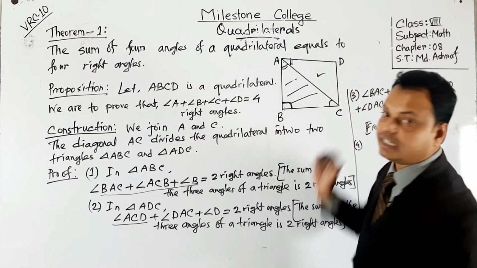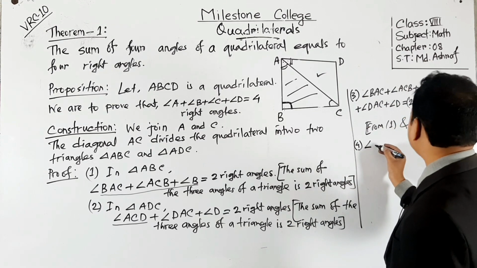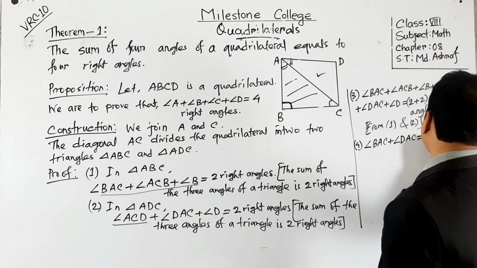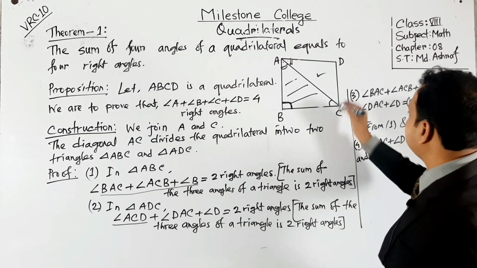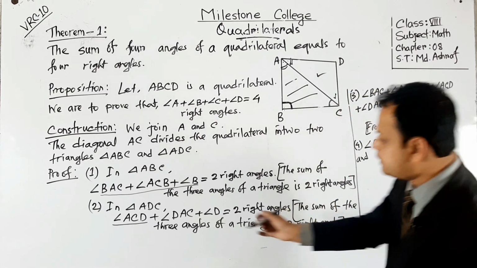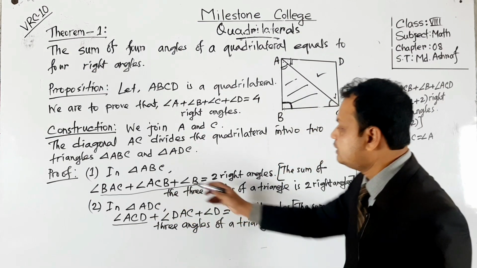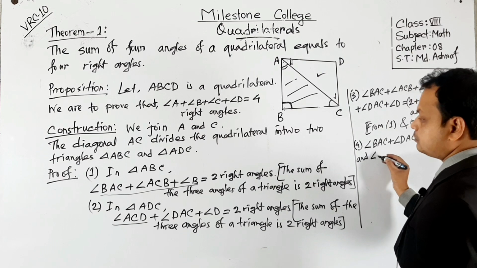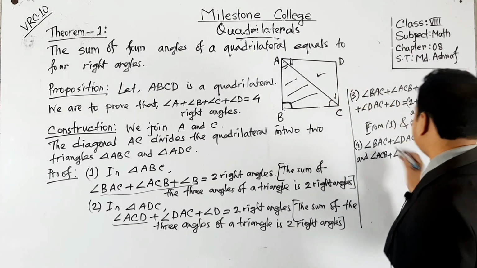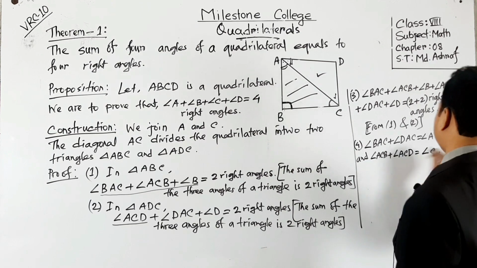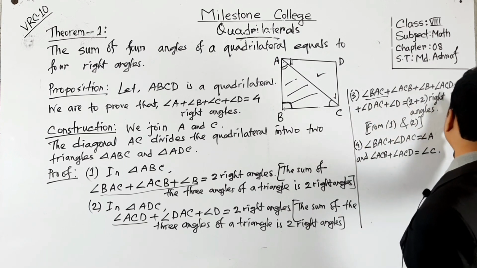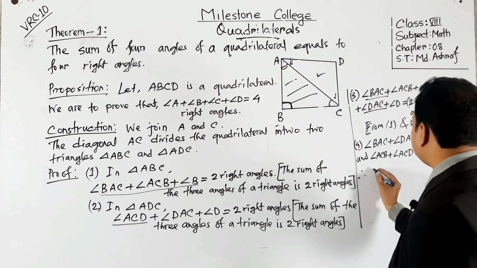So these two angles sum will be angle A. So we mention in point 4: angle BAC plus angle DAC equals angle A. And this angle, ACB, plus this one, ACD, these two angles sum will be angle C. So we write angle ACB plus angle ACD equals angle C. So if we put these two angles here, BAC plus DAC, these two angles sum will be angle A.